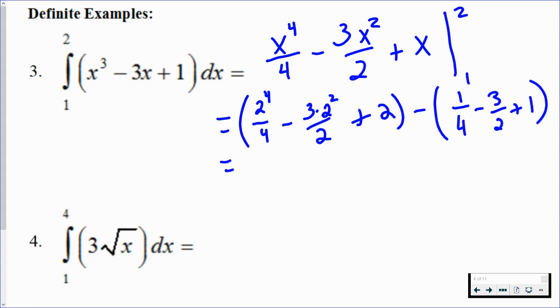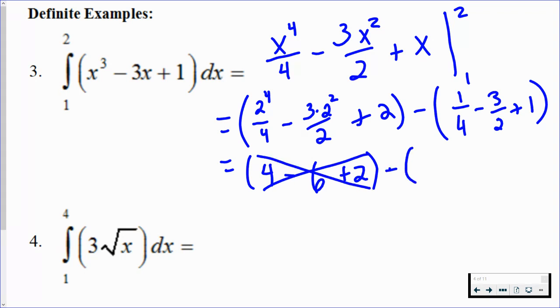All right, 2 to the fourth is 16 over 4 is 4, minus 2 squared is 4 times 3 is 12 over 2 is 6, plus 2. Uh-oh, take a look here. 4 minus 6 plus 2 all cancels out. That's gone. So we have a negative. Let's get a common denominator, make it a little bit easier. 1/4 minus 6 over 4 plus 4 over 4. 1 minus 6 is -5 plus 4 is -1.